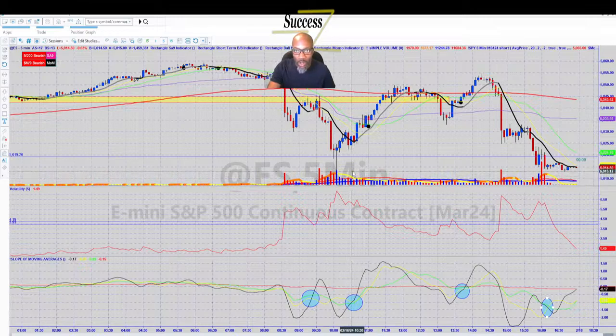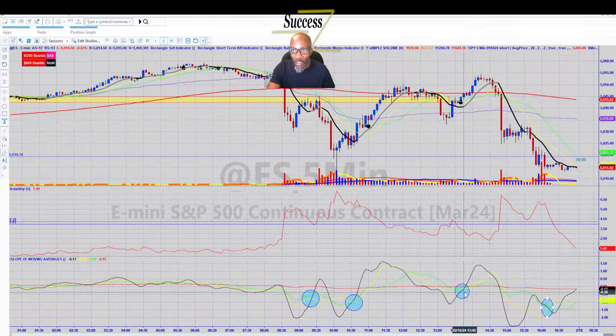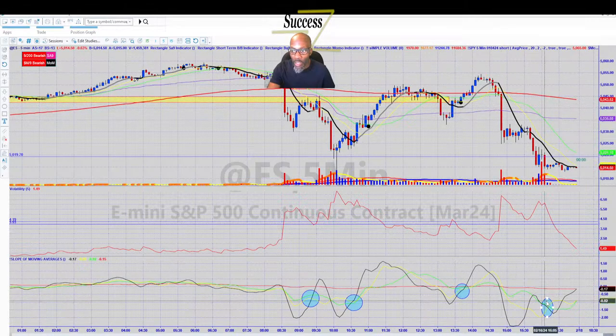Let's see. So it's crossing here, and then we get a huge blue bar. Okay, so it crosses here. They all cross here, and then we get a huge blue bar. Moves up. They cross here. A blue bar had just happened, and it moves up. They cross here. There was a large blue bar, but the blue bar did not overtake the bars before it. See here, the blue bar overtook the bars before it. Here it overtook the bars before it.